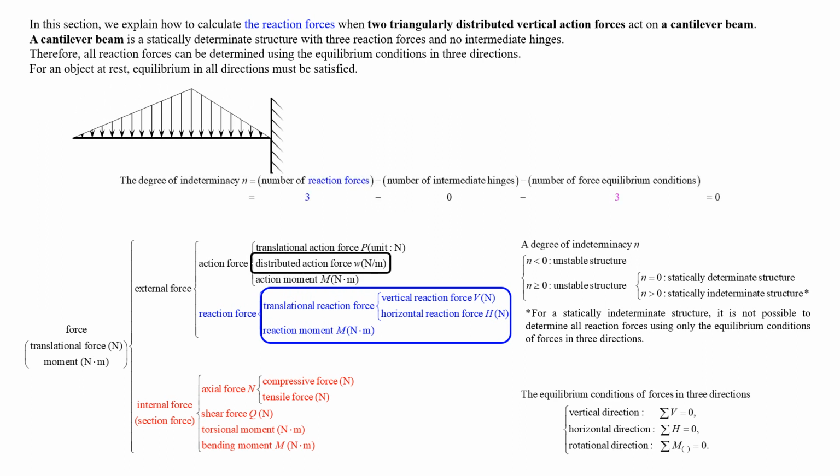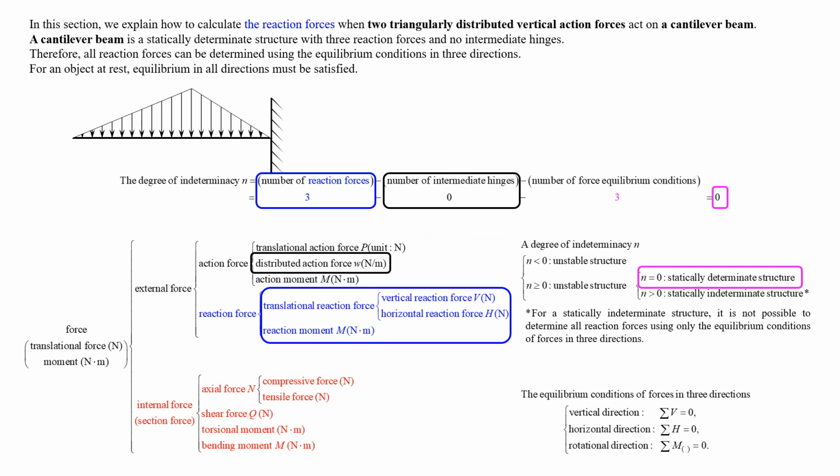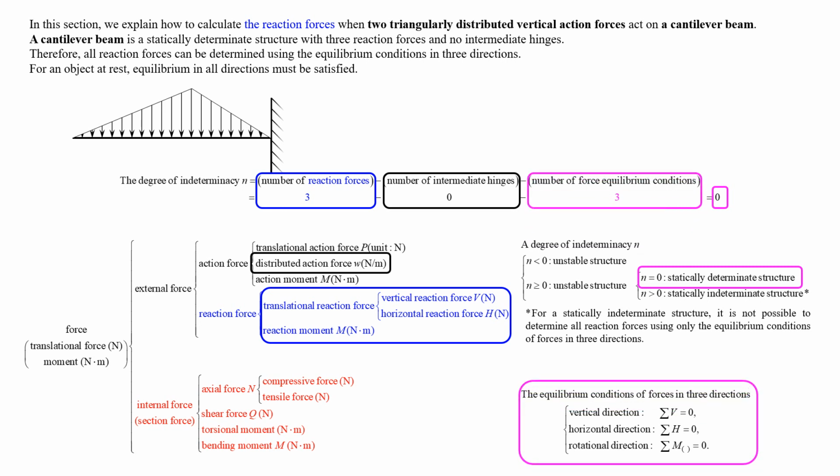A cantilever beam is a statically determinate structure with three reaction forces and no intermediate hinges. Therefore, all reaction forces can be determined using the equilibrium conditions in three directions. For an object at rest, equilibrium in all directions must be satisfied.